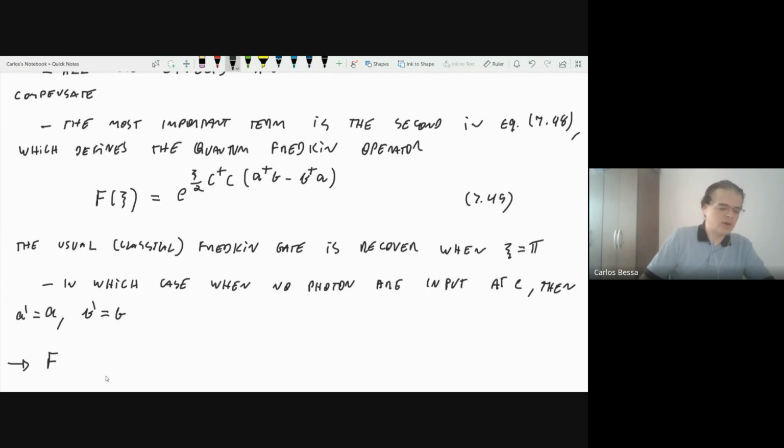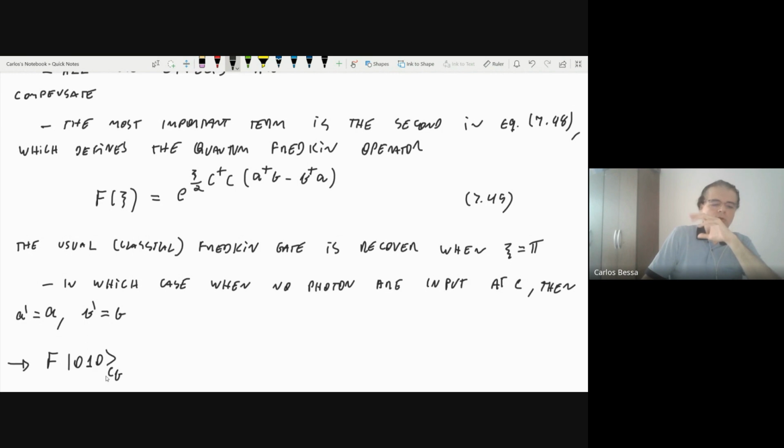Let's consider this example. F applied to the mode 0, 1, 0, where again this is the mode C in our convention. You guys take care because sometimes you find different conventions when you're reading other books or papers. I'll show one example in a moment.